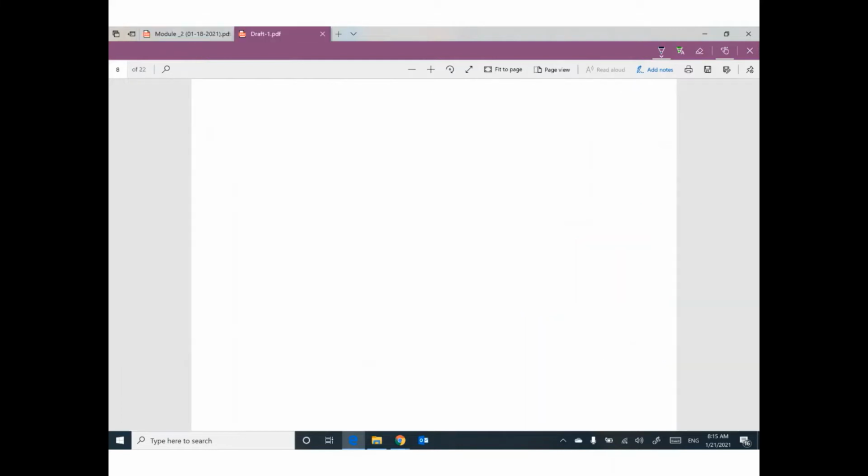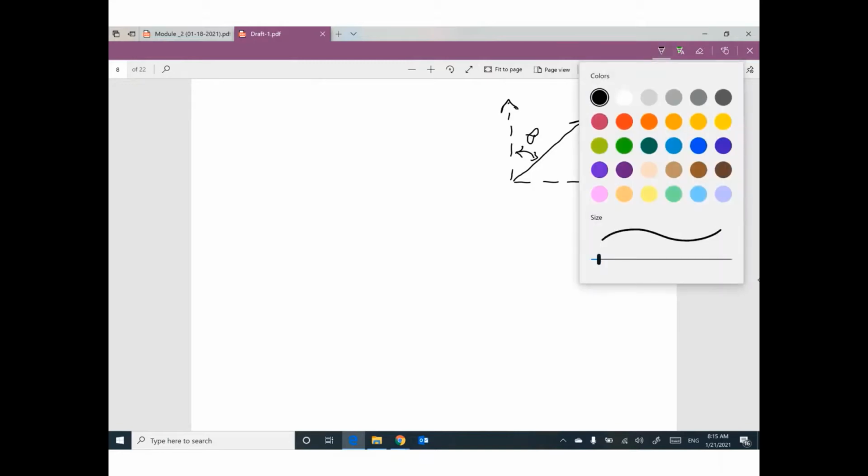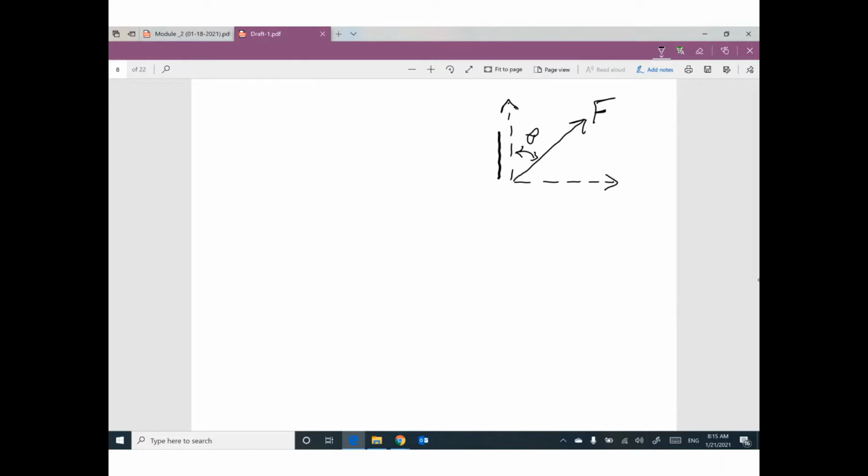Guys, to make it clear, it's not acceptable in this course to be confused about components of an inclined force. If you have an inclined force like this one, and we need to convert it to two components, if the given angle is here, the component adjacent to the given angle will be cosine.